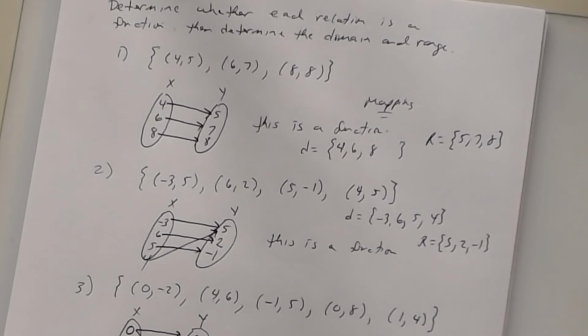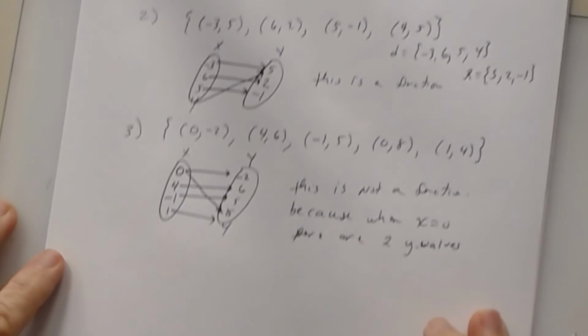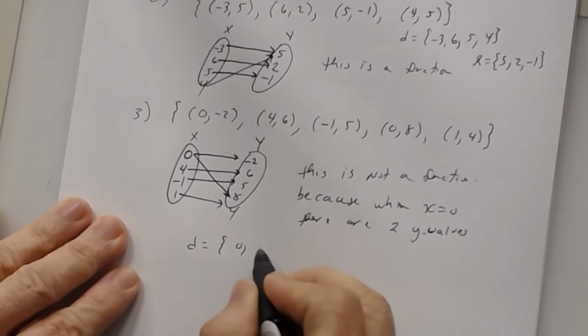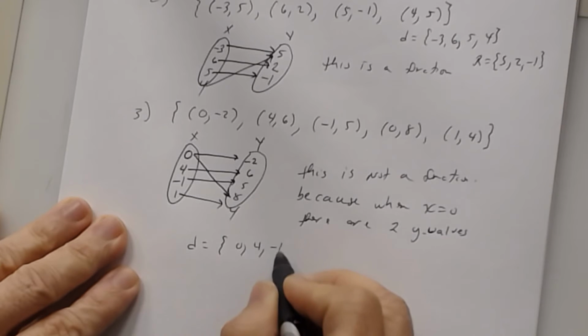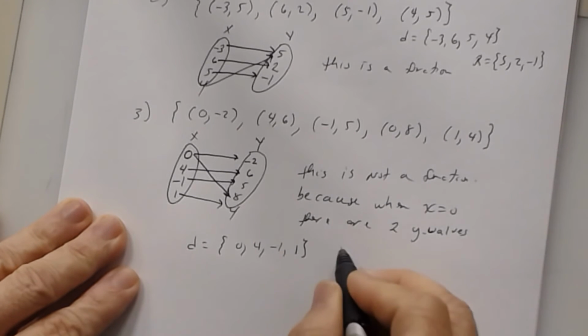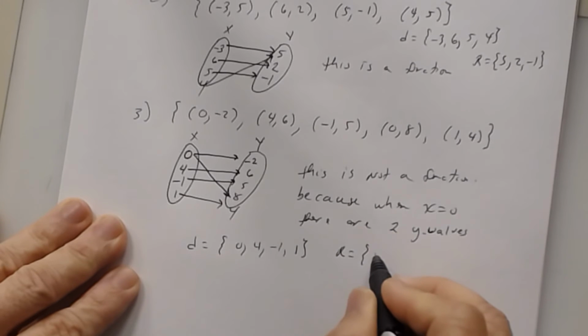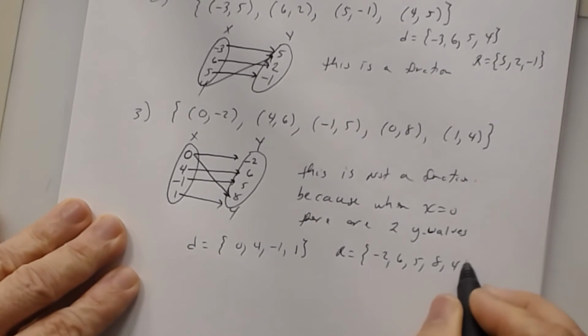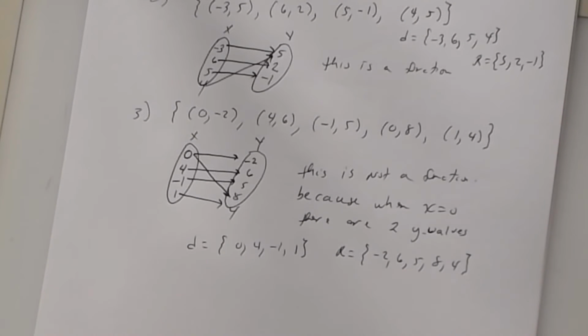If you listed 5 twice, you'd be upset with me. And number 3, what's the domain? 0, 4, -1. We already have 0 listed. And then 1. And what's the range? -2, 6, 5, 8, and 4. All right?